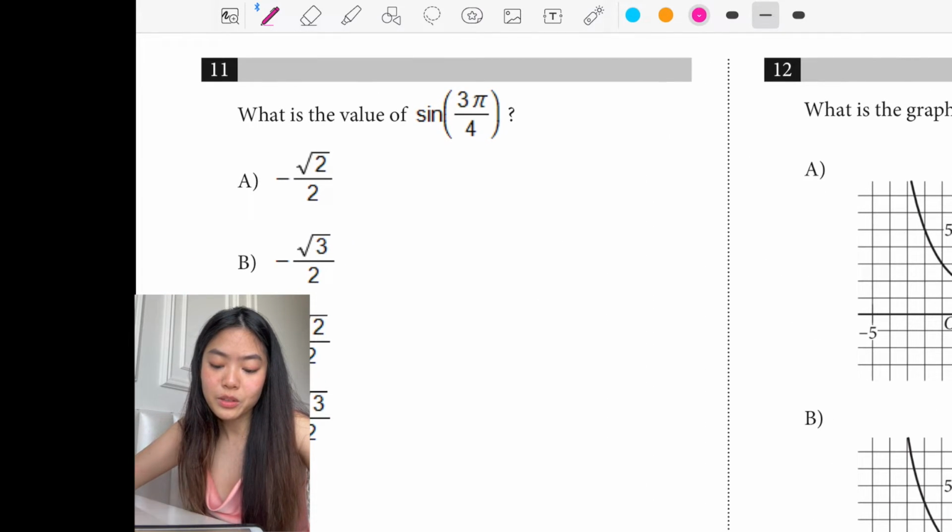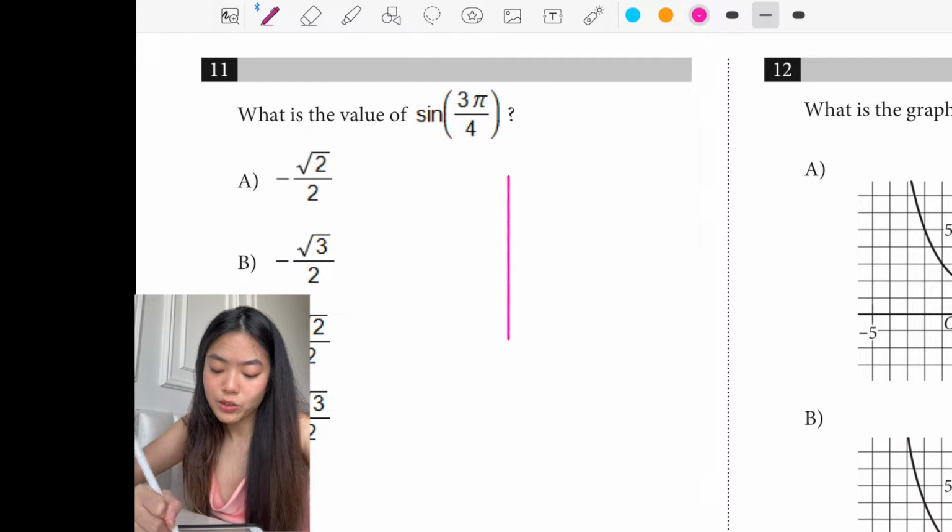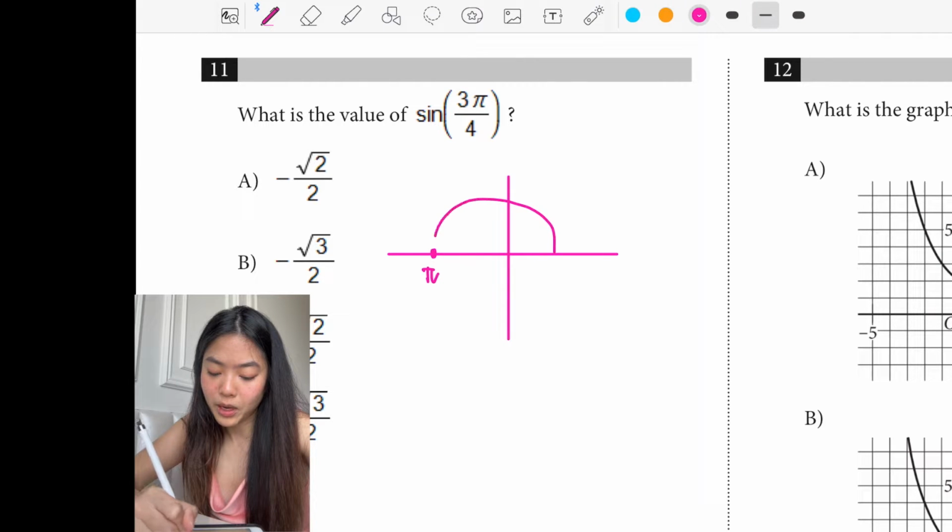Next one, question 11. What is the value of sine 3 pi over 4? If I draw, 1 pi would be here, 3 pi over 4 would be here, and this angle here would be pi over 4.